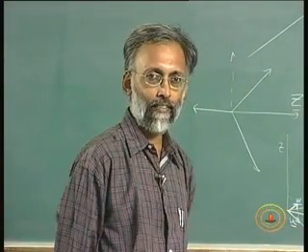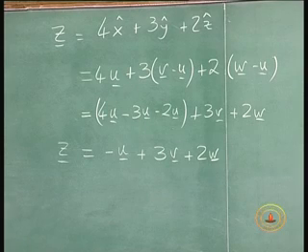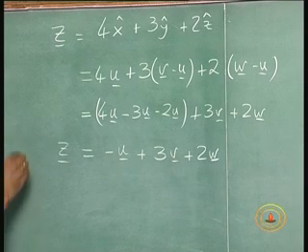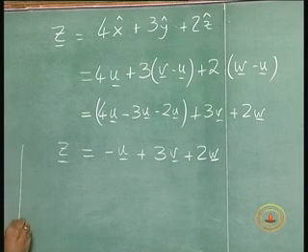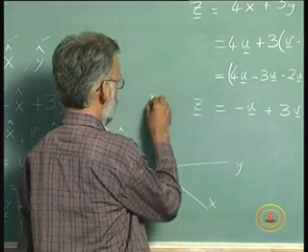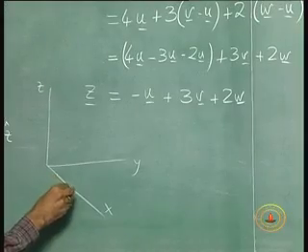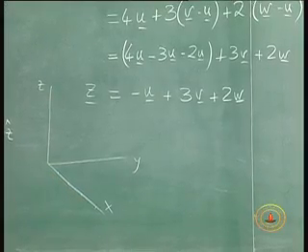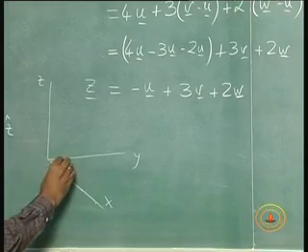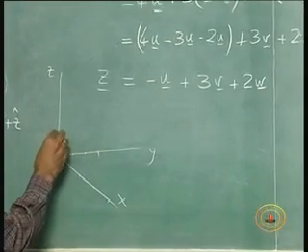It's a rather strange result. I have a nice straightforward vector. If I was plotting it, it's 4 units along x, 3 units along y, 2 units along z.